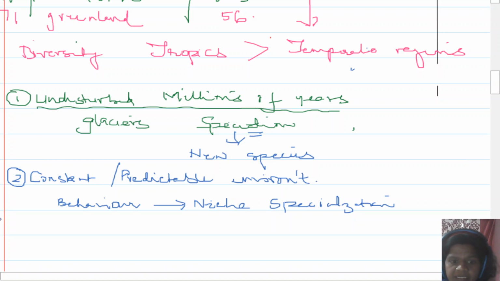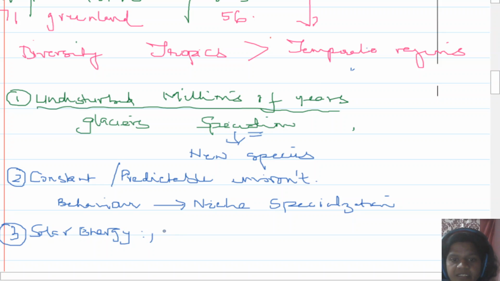The third one is that the tropics have an abundance of natural resources like solar energy. We can relate to this because we have very hot summers and the rains too during the monsoons.